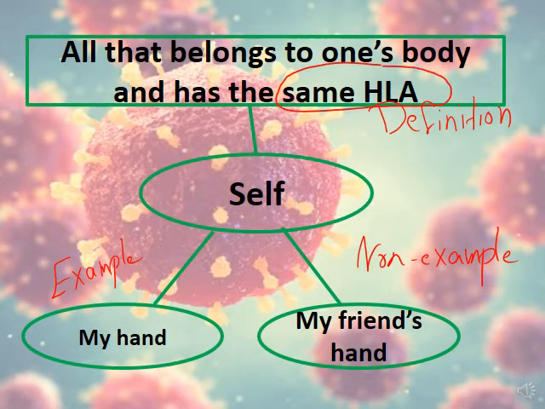So whenever you are asked about the term self, you have to say that it is all that belongs to one's body and they have the same HLA. Without the same HLA, it means you don't know the definition of self. Self examples: my hand, my kidney, my liver, my pancreas, my eye, my nose, and others.